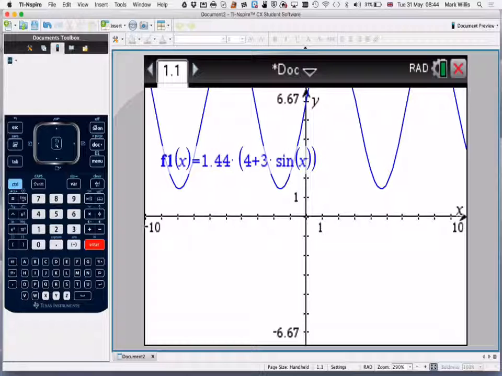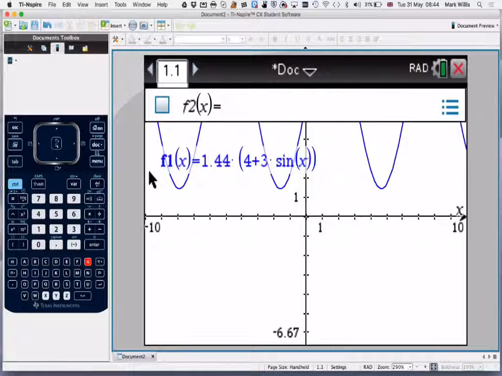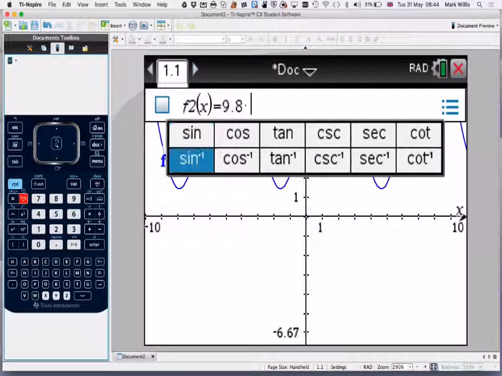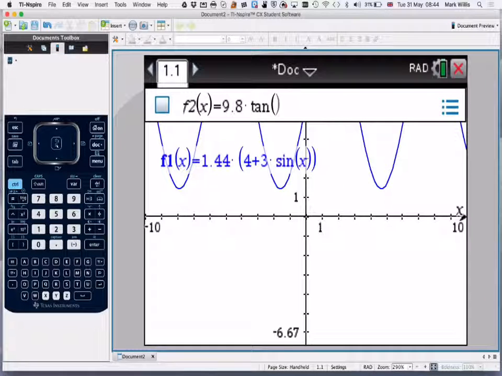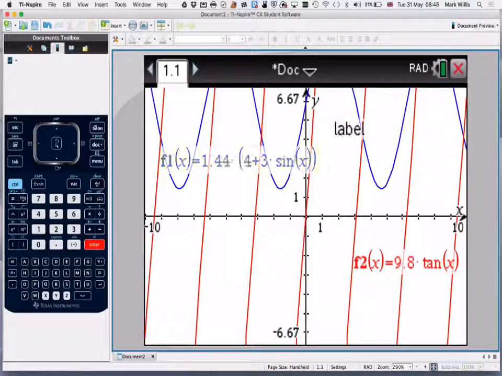We'll get one graph here, and then we add in the other graph by doing Command G, and we put 9.8 times tan of x. Okay, we need to do the view window.